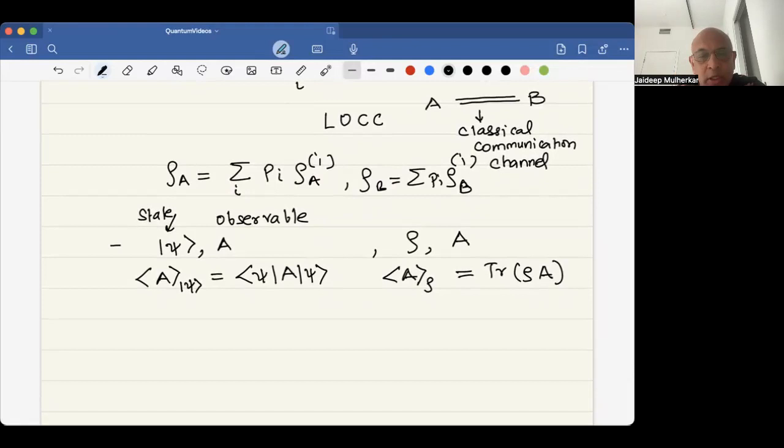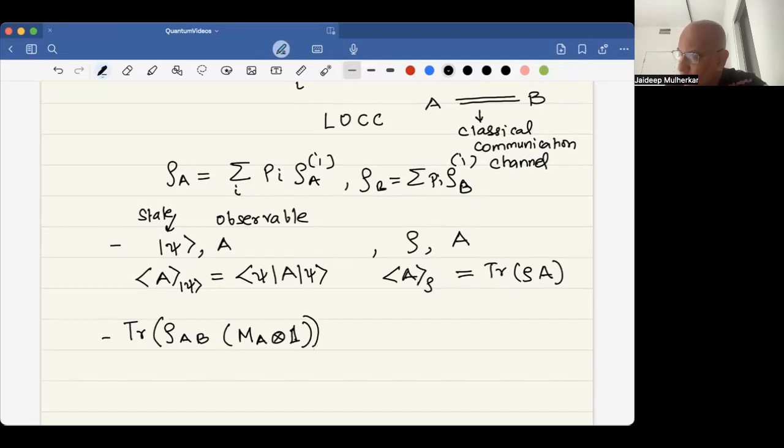But suppose I have a bipartite system, and I measure only the first subsystem. So I have some measurement operator that only acts on the first subsystem, M_A tensor identity, so it doesn't do anything on the second subsystem. And I want to compute this expectation value.